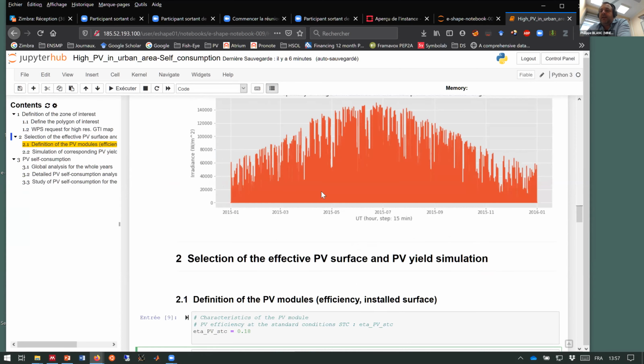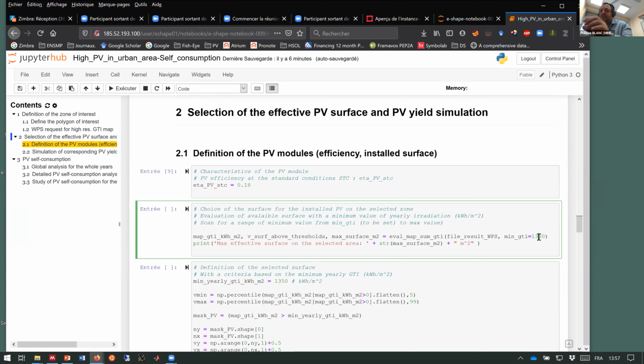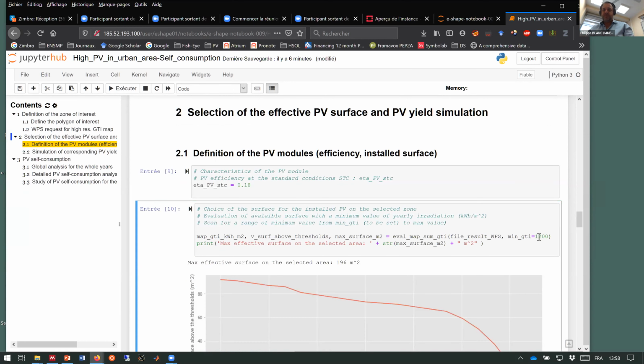So the idea is, starting at this threshold, I want to have an idea of the amount of surface I can get for a certain level of yearly irradiation. So a certain level of quality of my rooftop.